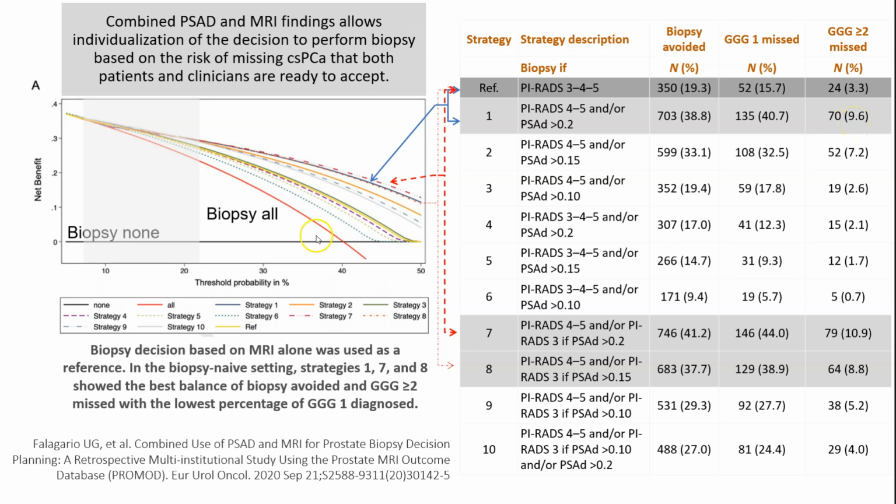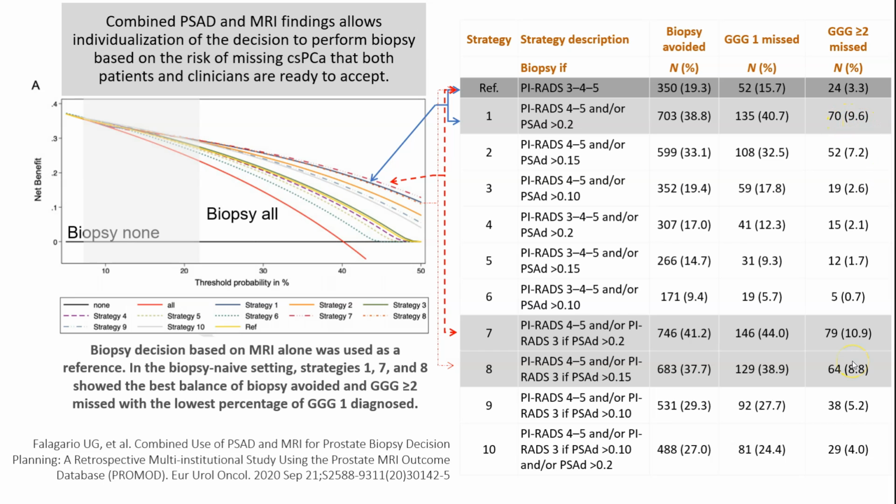All other PSA density-dependent strategies are about the same. So for strategy 1, we said it's 39%. For strategy 7, it's 41%. For strategy 8, you can see it's 38%. And all of them miss about 10% of clinically significant cancers.